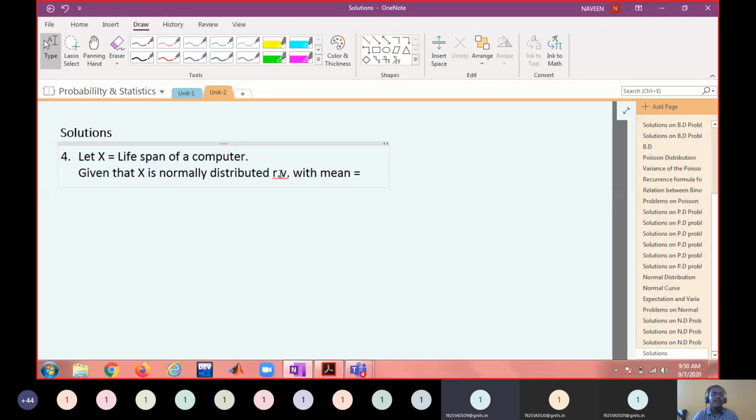What is the mean of the random variable? 2040. Mean equal to 2040. Again writing problems.